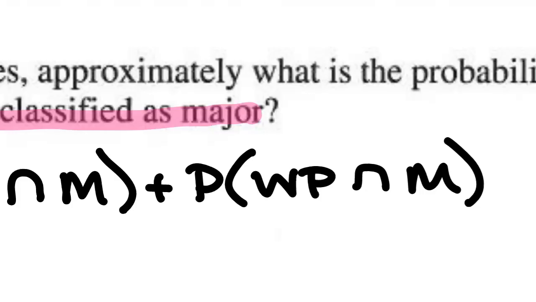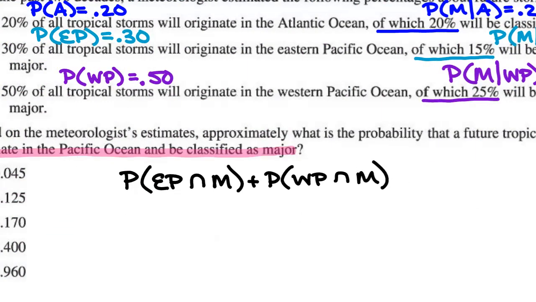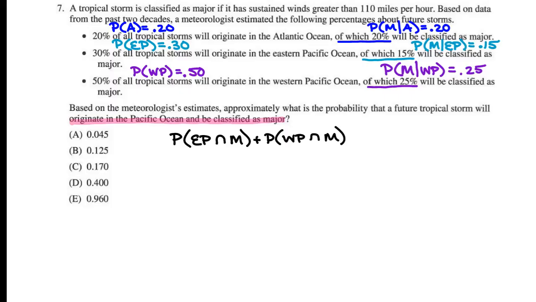If the storm originates in the Eastern Pacific, it can't originate in the Western Pacific. If it originates in the Western Pacific, it can't at the same time originate in the Eastern Pacific. So these are mutually exclusive events. I can add those two probabilities together. We actually have a formula on the reference page that would be useful here.